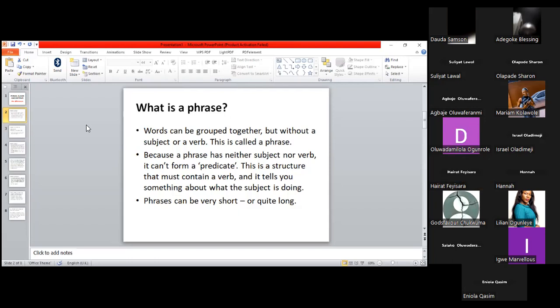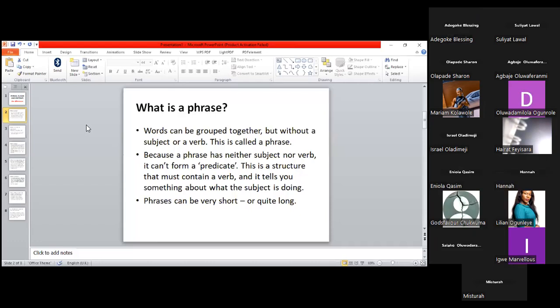A phrase can be very short or quite long, but if you're going to make a very long phrase, there's a tendency that we add a finite verb into it. And once we add a finite verb to it, it is no longer a phrase. So a phrase will neither have a subject nor a finite verb, and it will not be able to form a predicate.